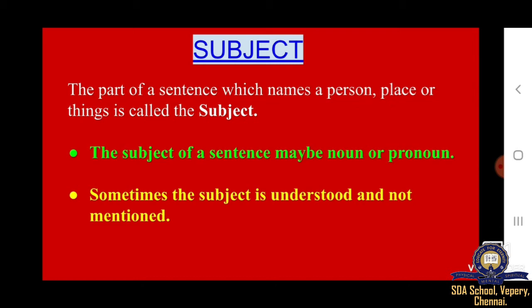The subject of a sentence may be noun or pronoun. Sometimes the subject is understood and not mentioned. Okay children, I hope you all understood what is subject and how to identify the subject in a sentence.